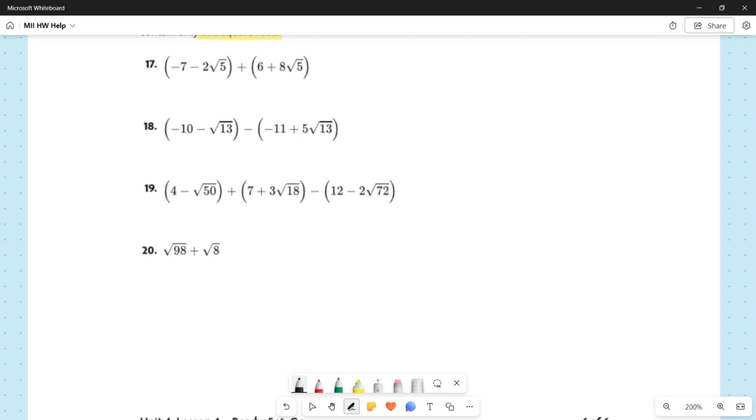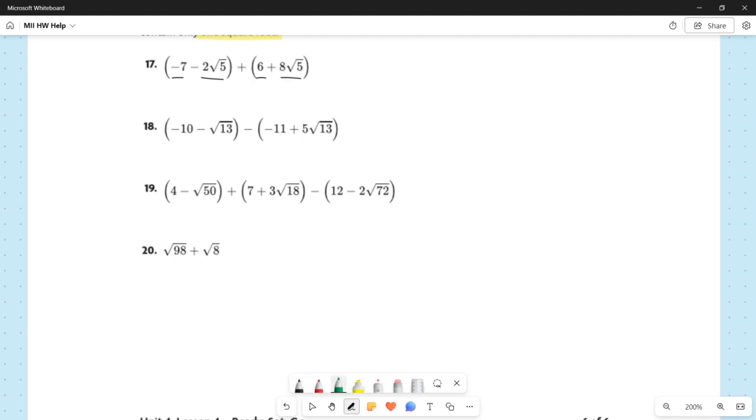So we're adding two numbers that each comprise an integer, negative 7 and 6, and an irrational number, 2 root 5 and 8 root 5.